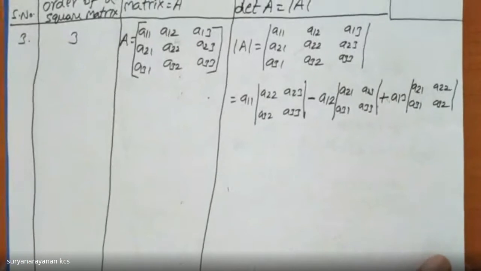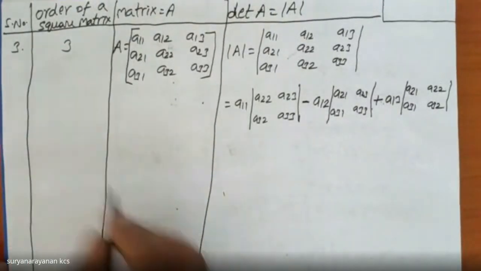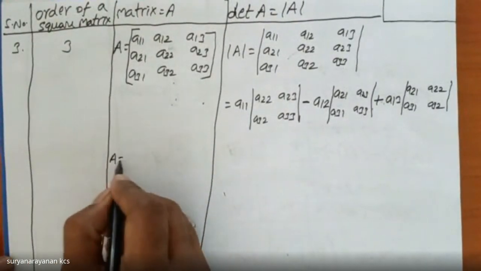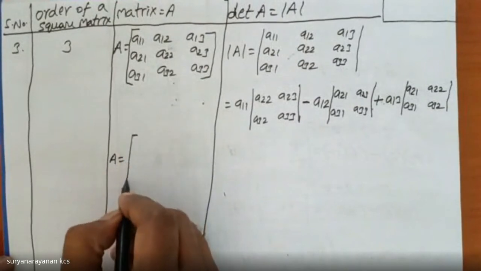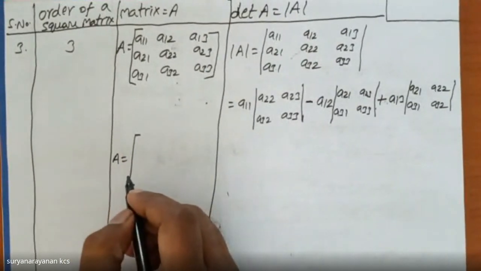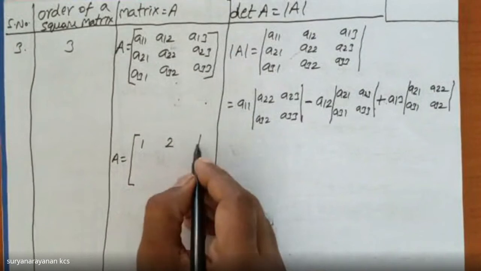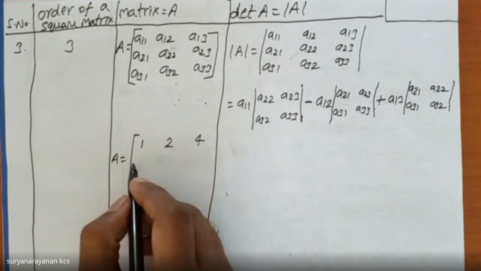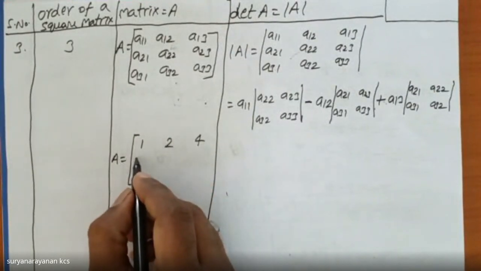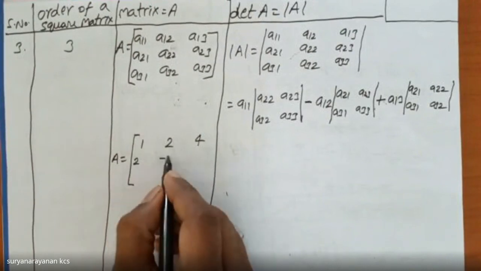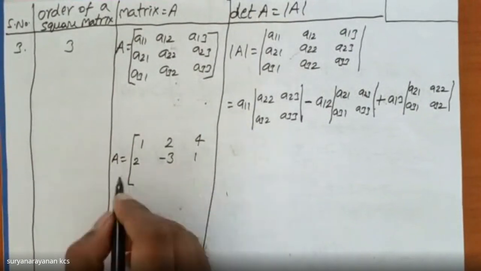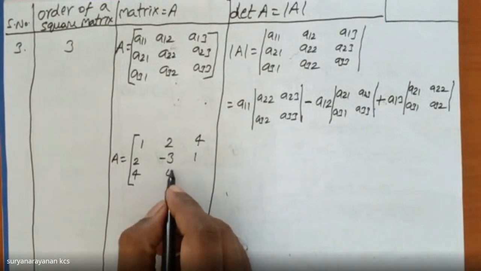Okay, let us take an example to find the determinant of a square matrix of order 3. The matrix is: 1, 2, 4; 2, minus 3, 1; 4, 0, 2.